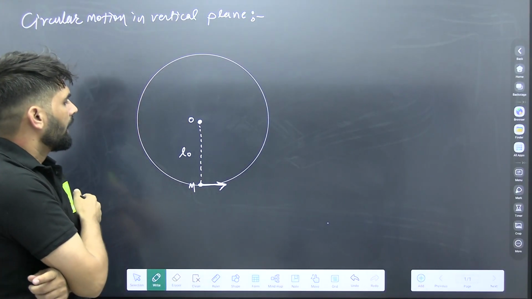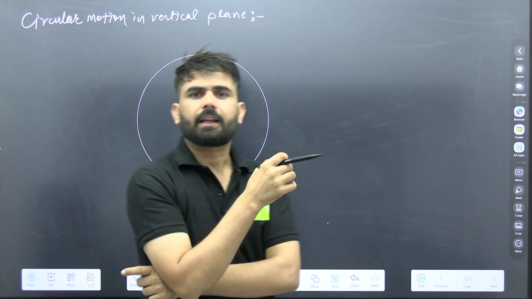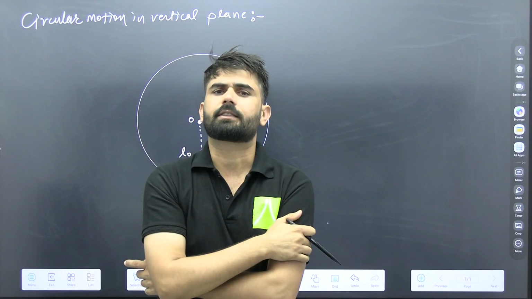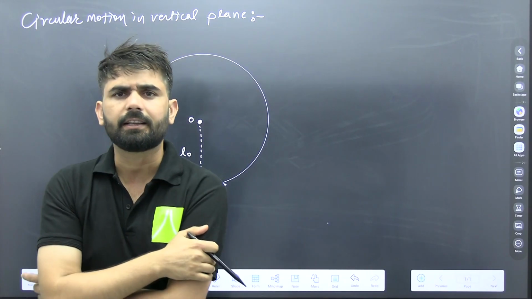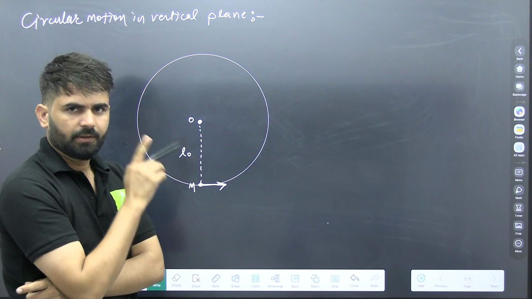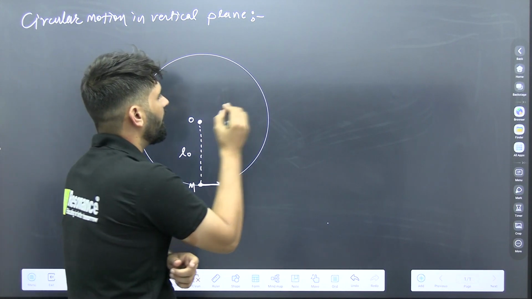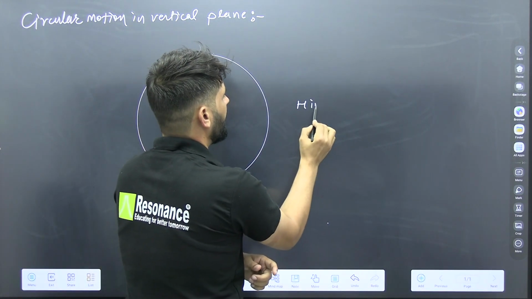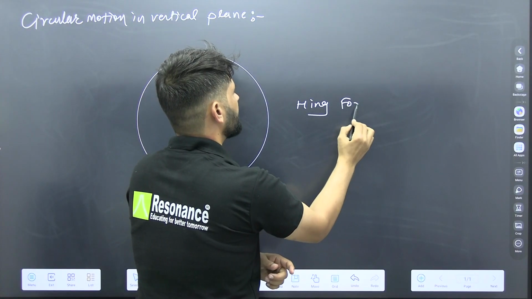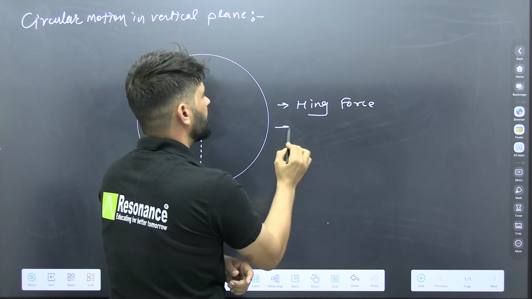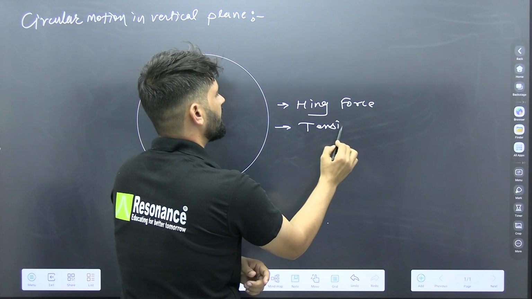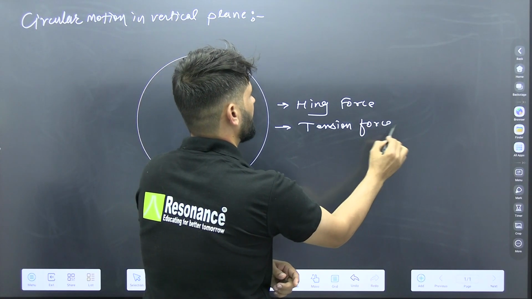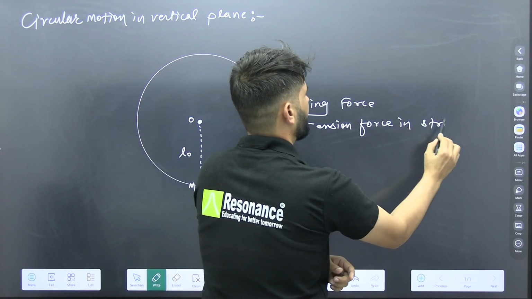So let's try to understand the mechanism of this vertical circular motion. We can clearly see that there are three forces. First of all, there is a force known as the hinge force. Second, the tension force in the string.